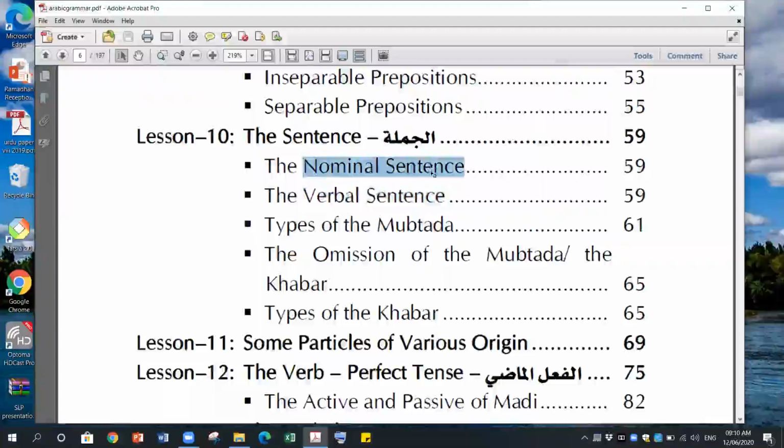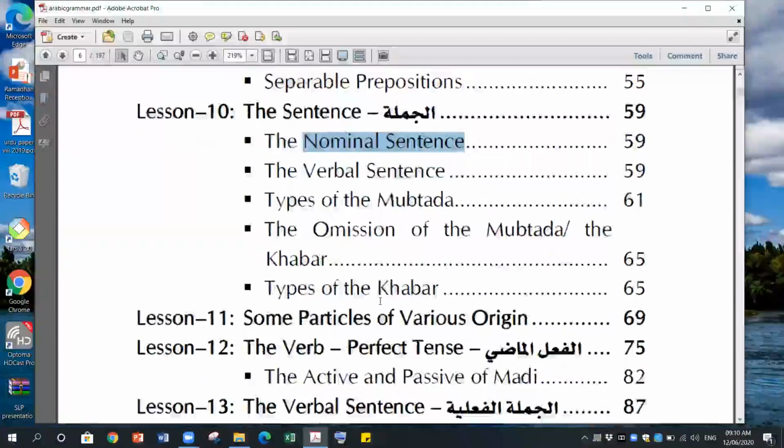I think 2 classes back we discussed there are two parts of nominal sentences. Nominal sentence means a sentence which starts with a noun, and that nominal sentence will have two parts. The first one will be mubtada and the second one will be khabar, predicate. And what is the term for mubtada? Subject. Okay, so we have done that, right?